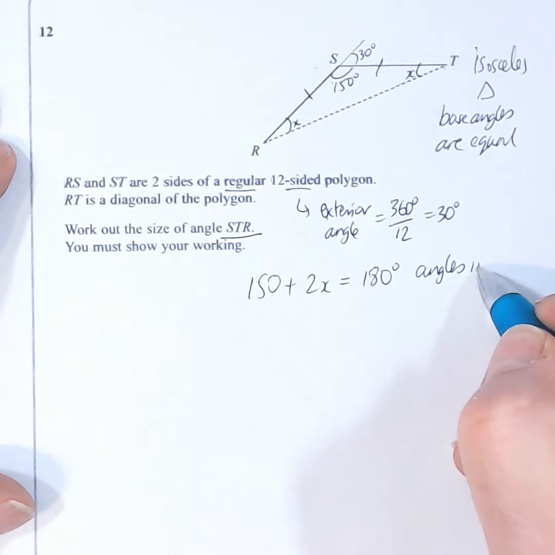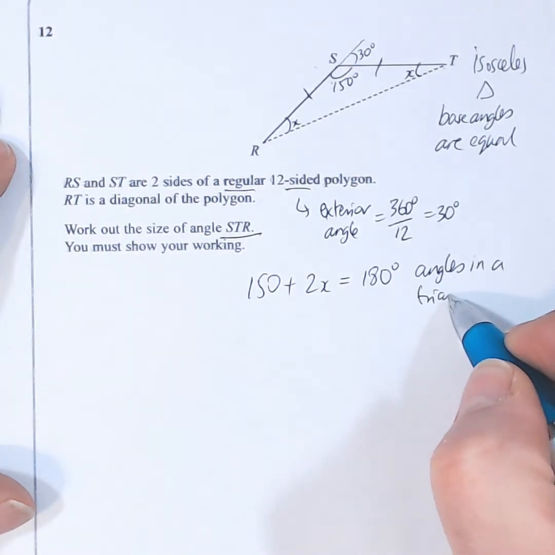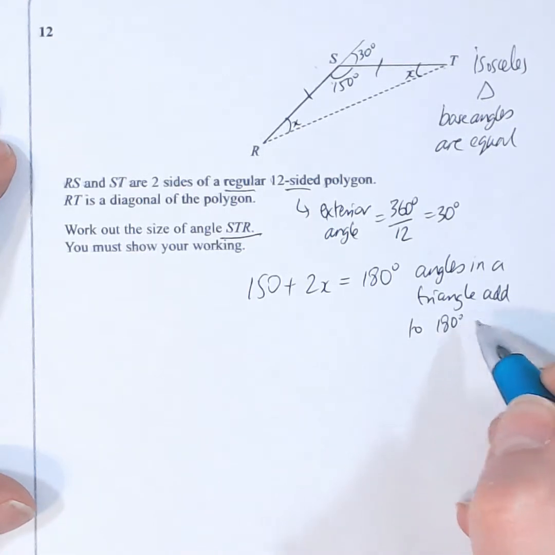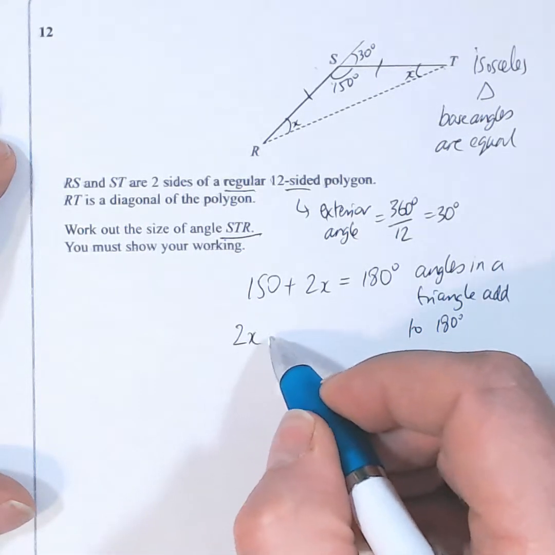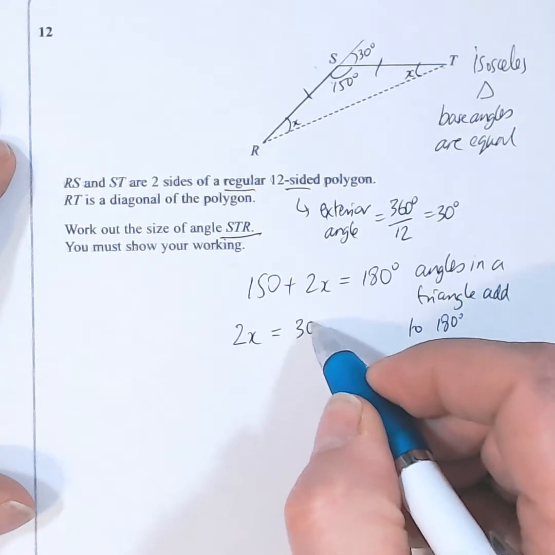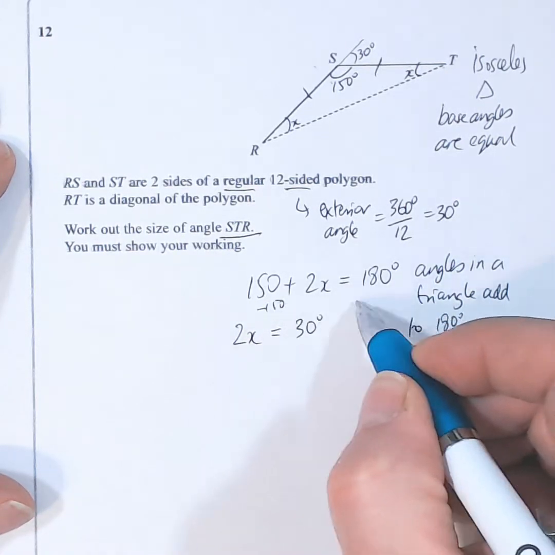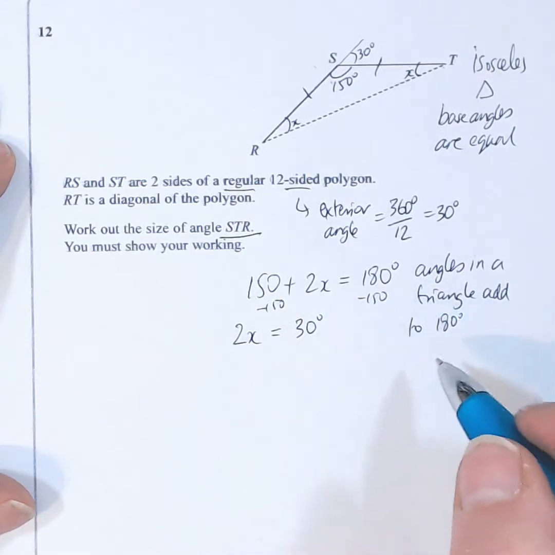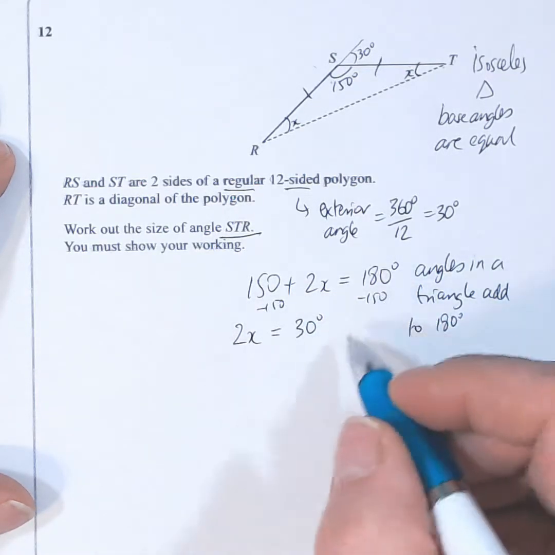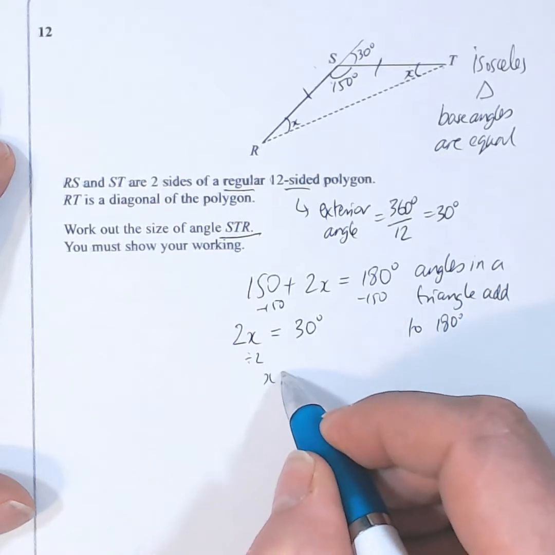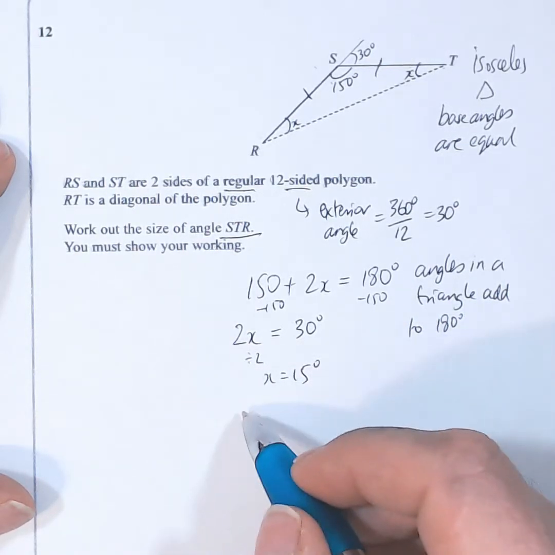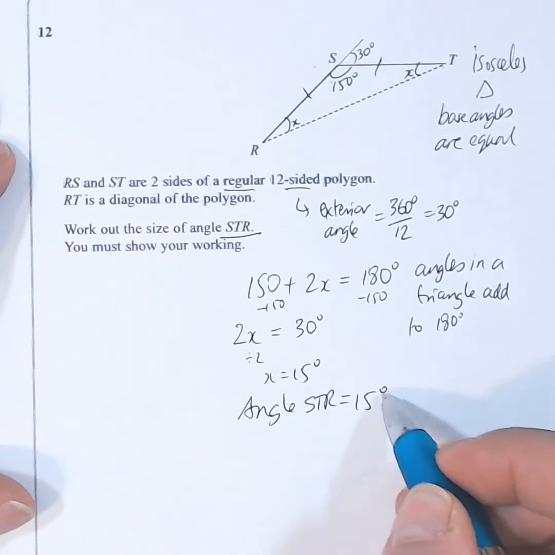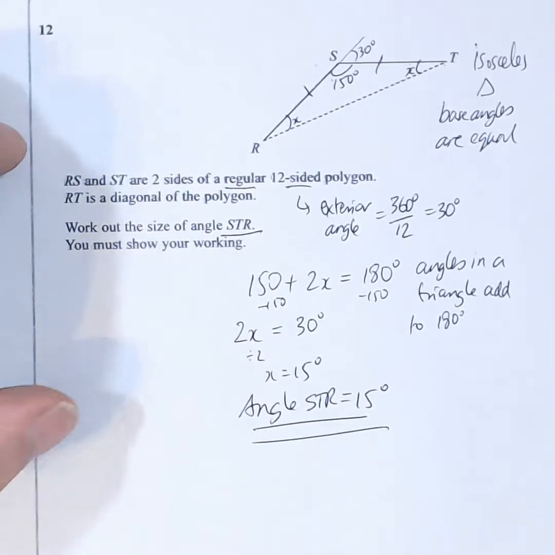And then we can solve this in the normal way. So 2x must be 30 degrees, because we subtract 150 from both sides of the equation, and then we divide by 2 to find that x is 15 degrees. So angle STR equals 15 degrees. Remember to answer the question, guys.